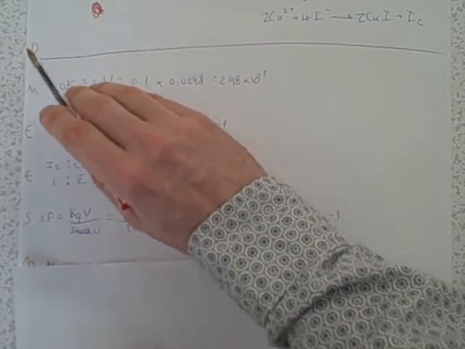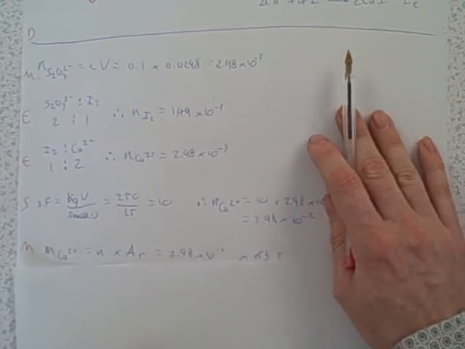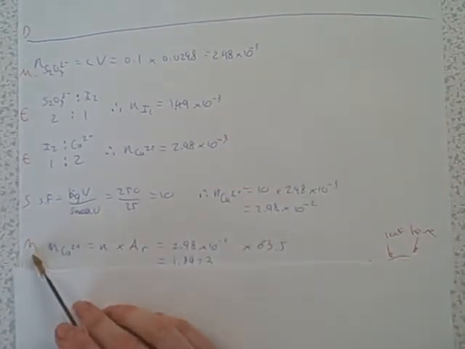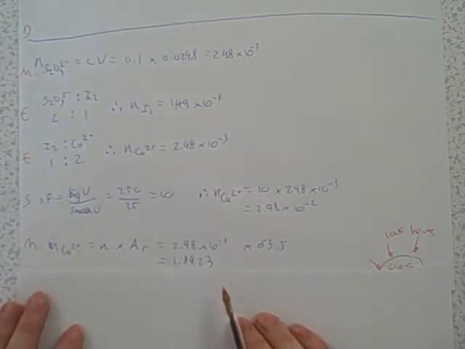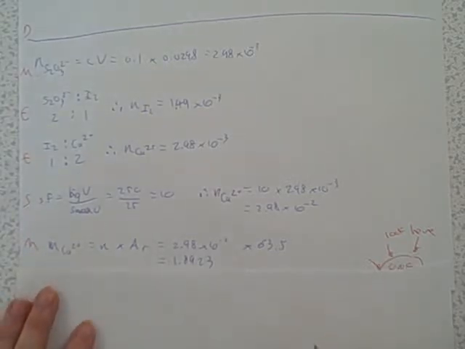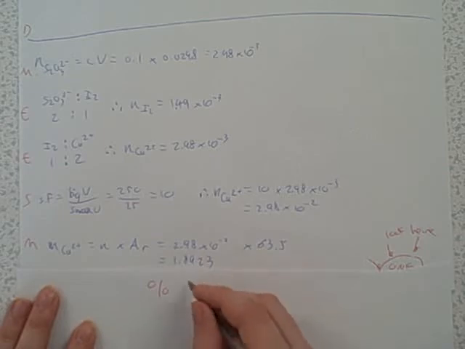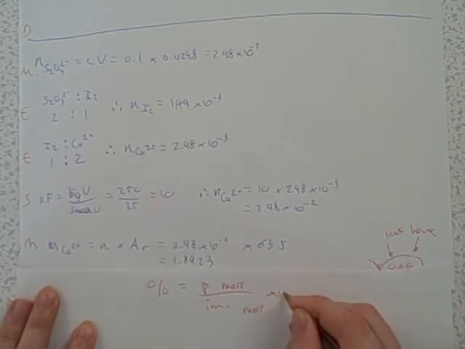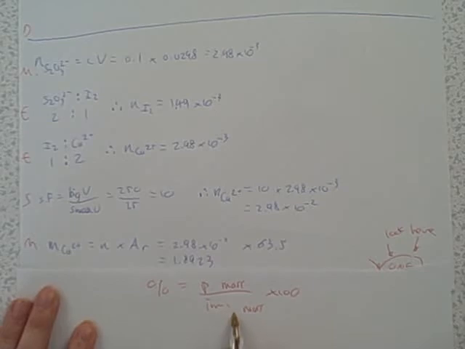That's what it did. So DMEES, our last moles equation always starts with what the question is asking, and if the question asks you to find the percentage mass or the percentage purity, percentage mass is your pure mass over your impure mass times by 100. You will always be told the impure mass.